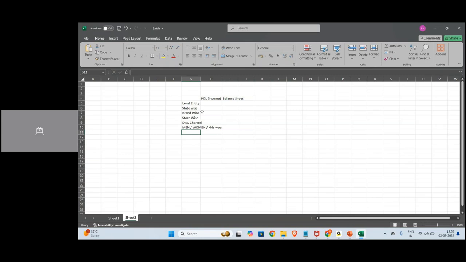So when they sell, based on product group also, they wanted the P&L and balance sheet. Required. So your business says they want it like this.